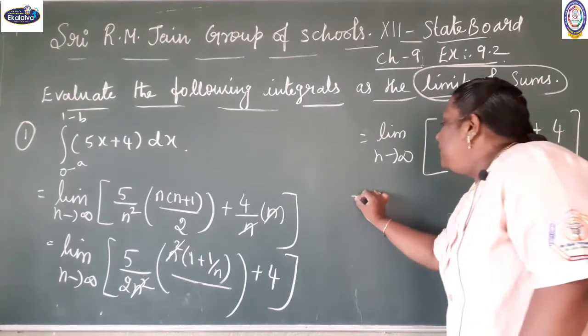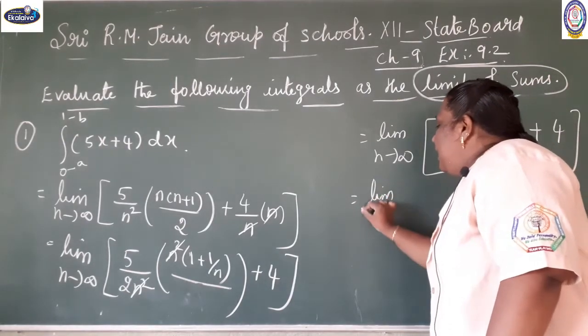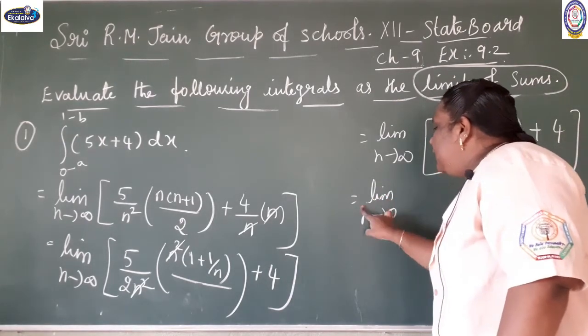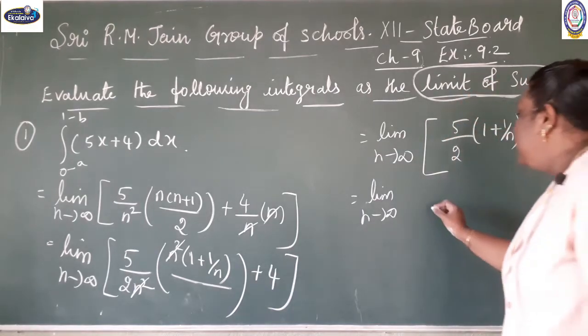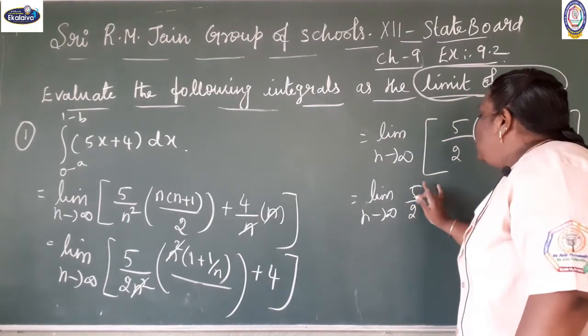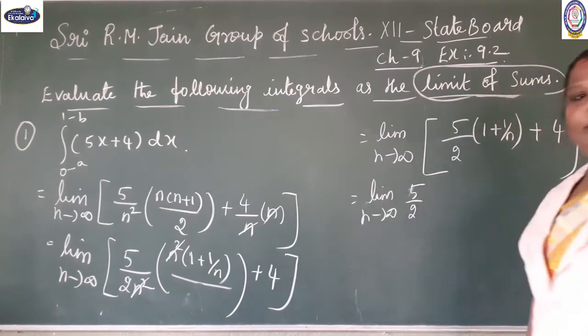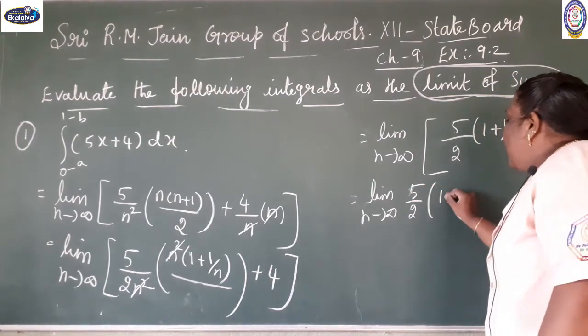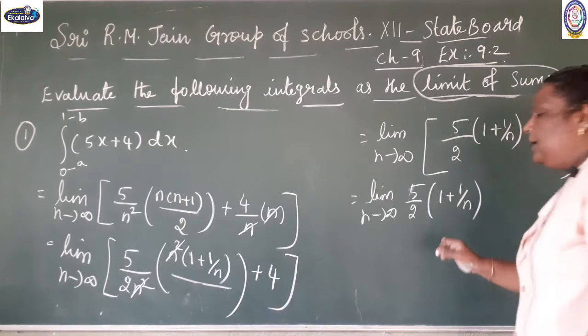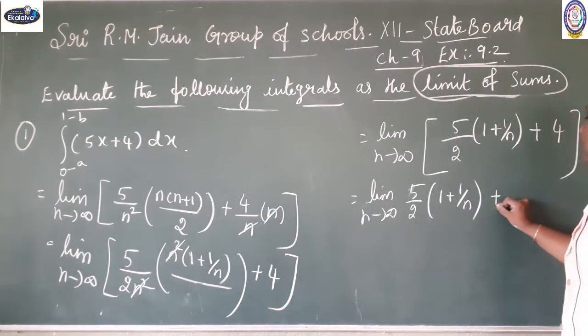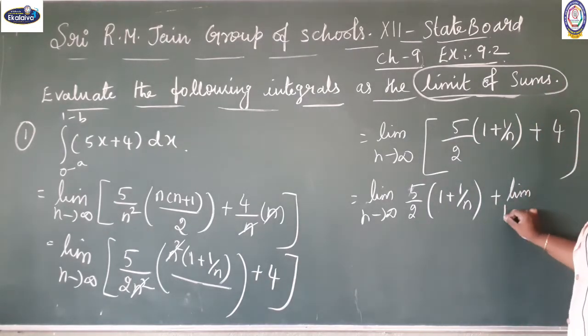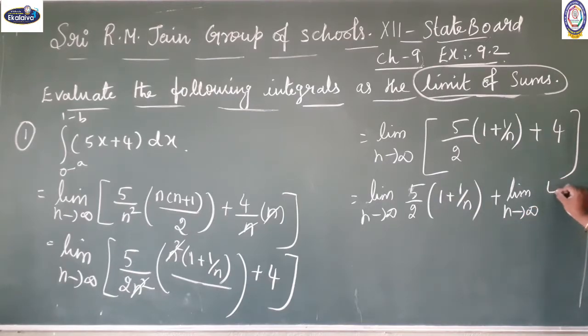So you apply the limit here: limit n tends to infinity 5 by 2 into 1 plus 1 by n, plus limit n tends to infinity 4.